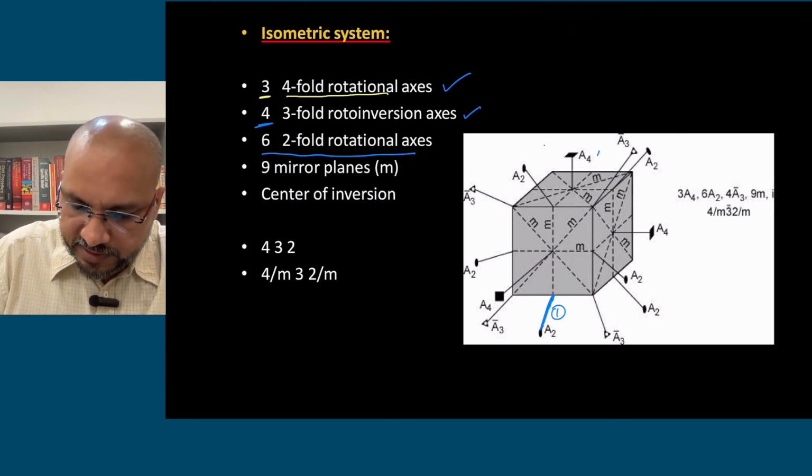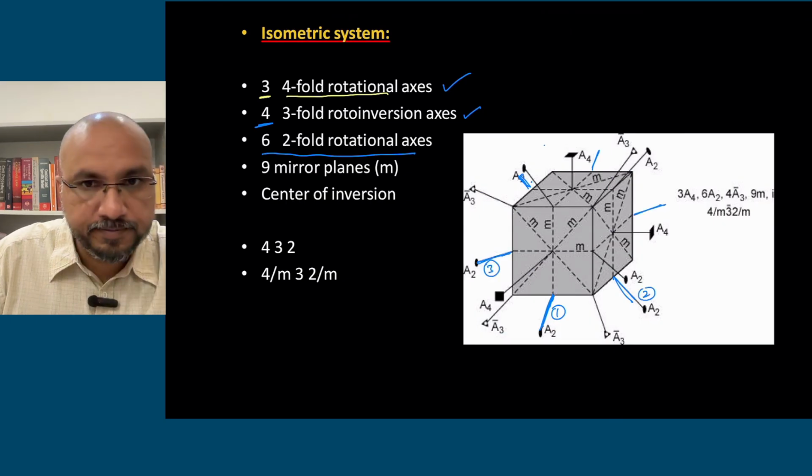Third two-fold rotation axis is passing from this side edge to this side edge, right? Then the fourth is passing from the upper edge to this bottom edge, right? Then the fifth is passing from this side edge to the opposite side edge.